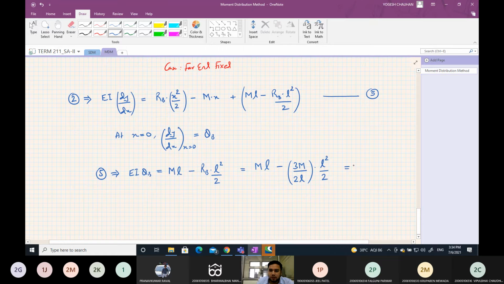So you will get ml minus, this L gets cancelled, so it will be ml minus 3m by 4, ml by, so you will get EI theta b equals to ml by 4.